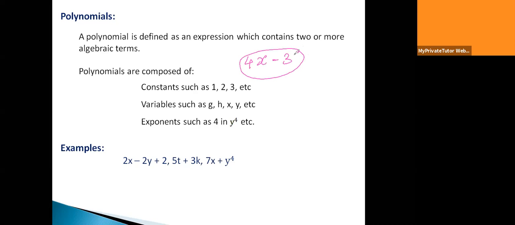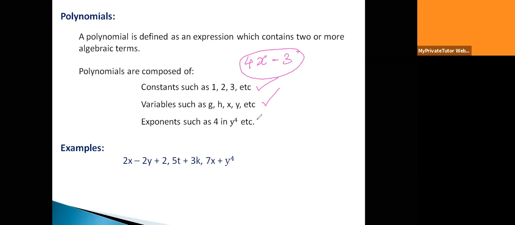Okay. So what is a polynomial? Generally, this algebraic expression is called a polynomial. So the polynomial consists of numbers like 4, 3 in this case, which is nothing but constants. The polynomial will have variables as well, any type of variables like x, y, z, a, b, c, or anything.